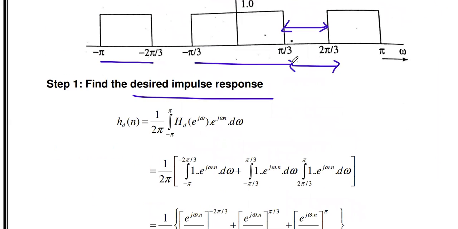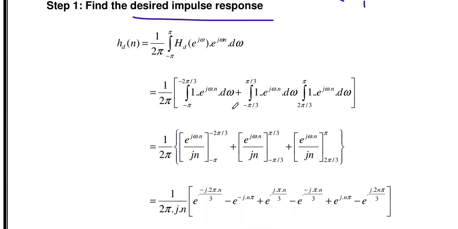And again from 2 pi by 3 to pi, HD of e power j omega is 1. That's why the limits are minus pi to minus 2 pi by 3, minus pi by 3 to pi by 3, and 2 pi by 3 to pi, where the value is 1, added together. Then you just integrate as the usual method: the integral of e power j omega n is e power j omega n by jn.